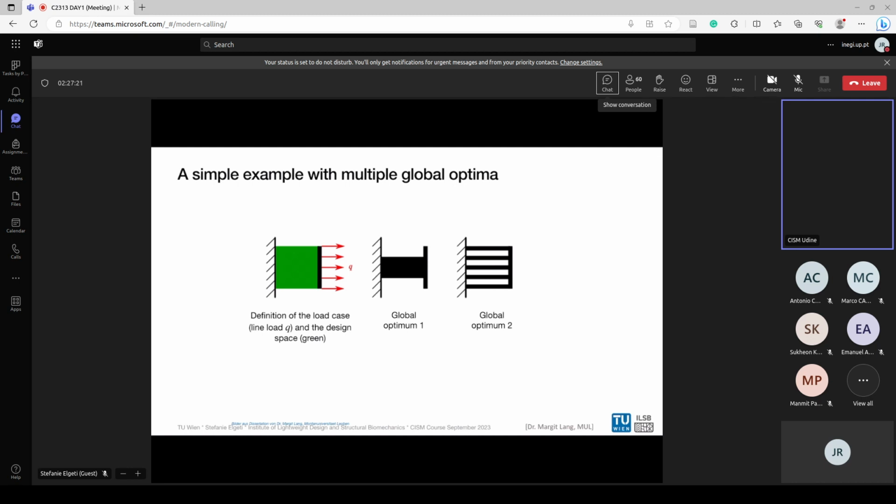And this solution has exactly the same stiffness. So this problem of having many different optima and which direction we walk into is very present. And this is also why one needs to take really good care of what the objective function looks like, what we said in the beginning.